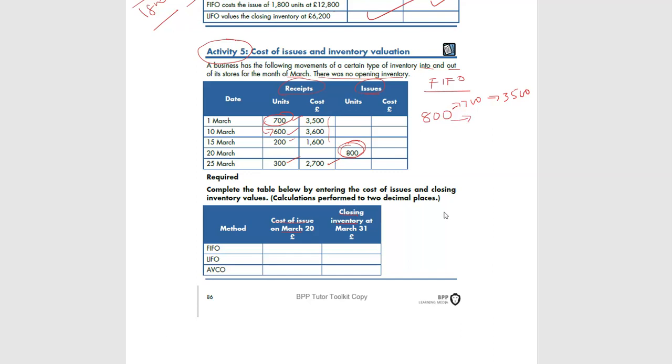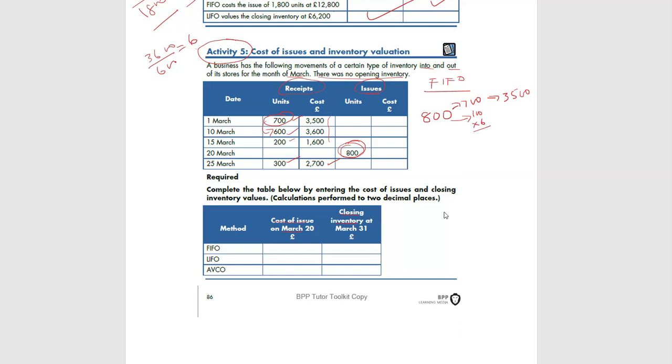So for that I have to know how much is the cost per unit. We have a total cost of 3600, and the total units are 600. So 3600 divided by 600 gives me £6 per unit. So for another 100 I need, the price will be 6, so that gives me 600.